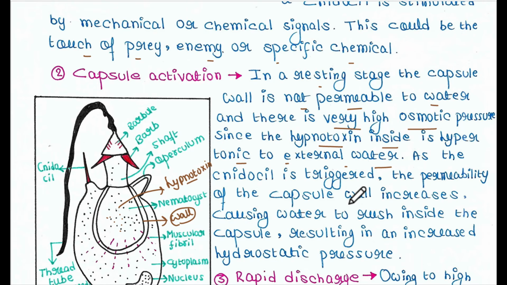That means inside the capsule, the concentration of solute is higher, and that is due to the hypnotoxin. And when the solute concentration is higher inside the capsule, the solute concentration in the cytoplasm is lower, right? So this is the normal condition, and the wall of the capsule is not permeable to water.